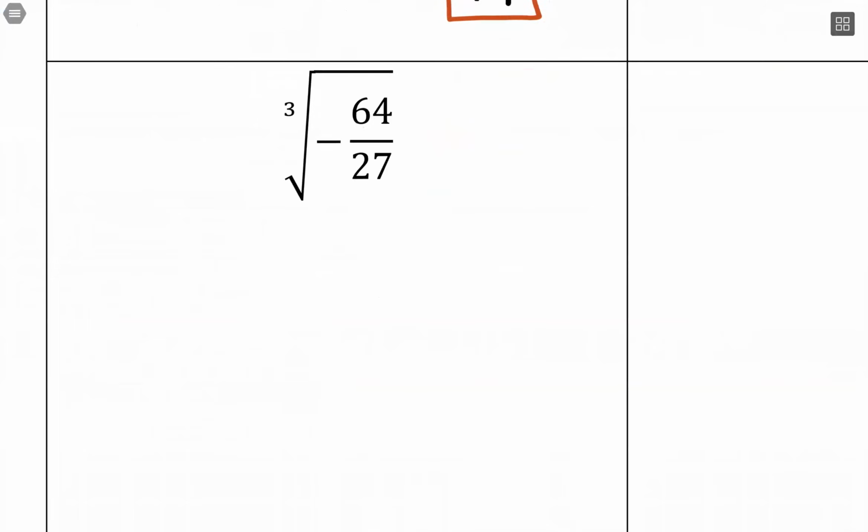Alright, here we're taking the cube root of this negative 64 over 27. So, like I just said, if it's negative underneath, it's going to be negative out front here. And then I just need to think about what cubed would give me 64, and that would be 4.